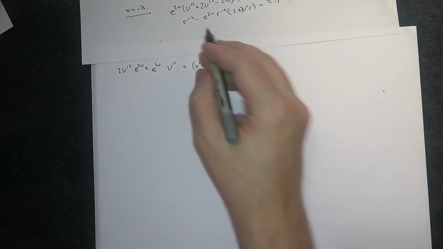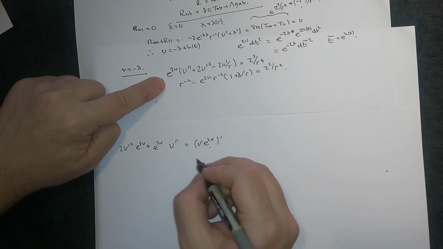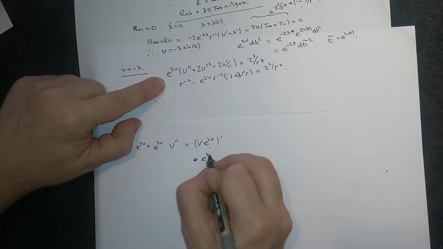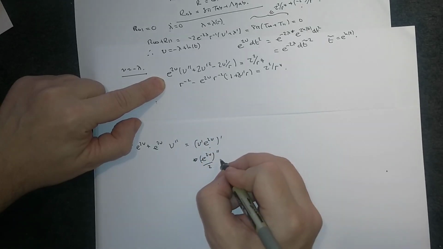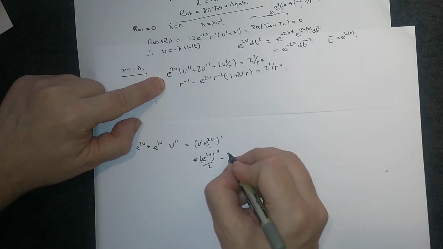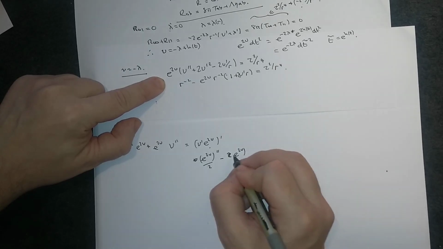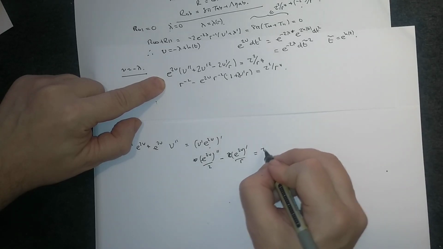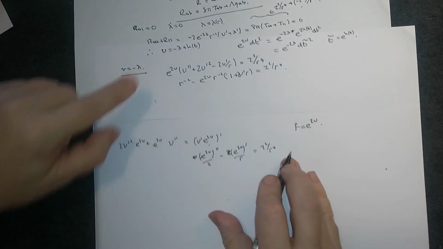So this equation here is e to the 2 nu, double primed, over 2 minus e to the 2 nu, primed, over r is z squared over r to the 4. Let f be e to the 2 nu.